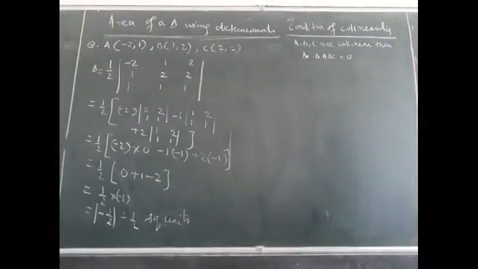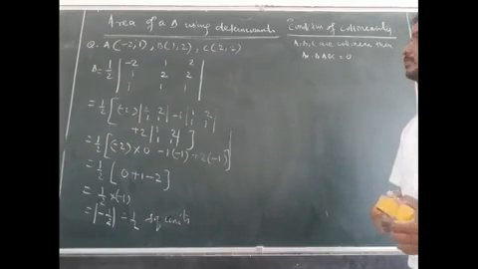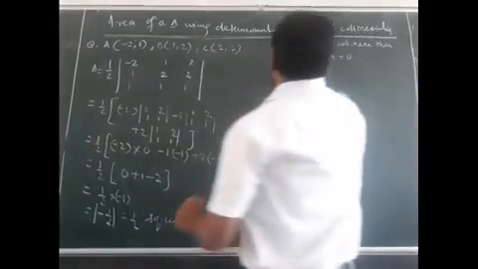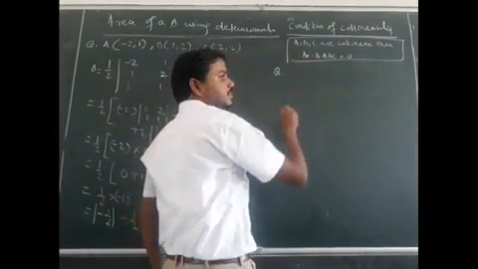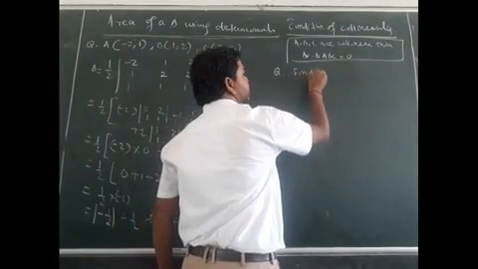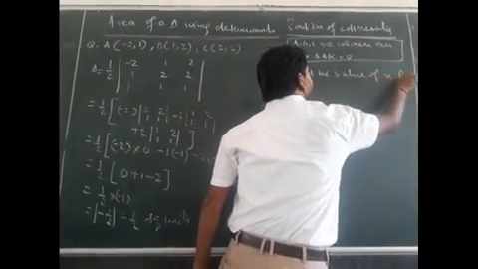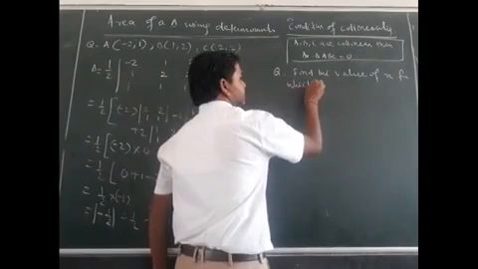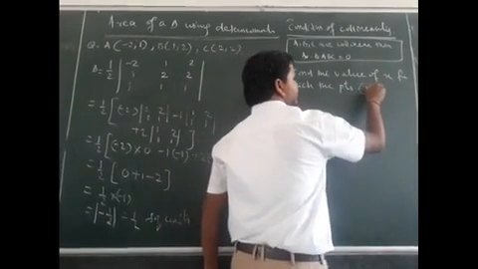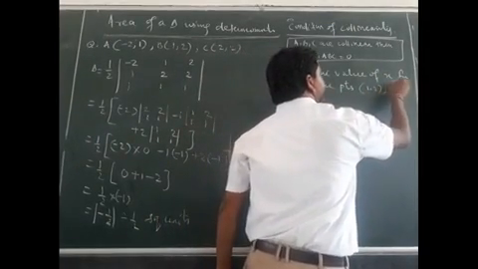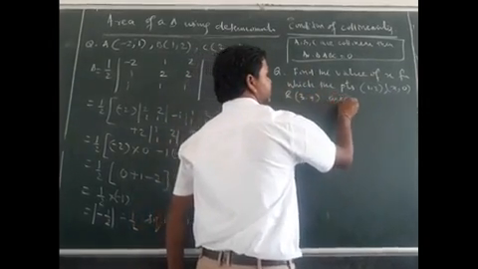I repeat, if ABC are collinear, then area of a triangle ABC will be equal to 0, right? I am taking up one question on this. Question will be asked like this: find the value of x for which the points, suppose 1, 2, x comma 0 and 3, 4 are collinear.